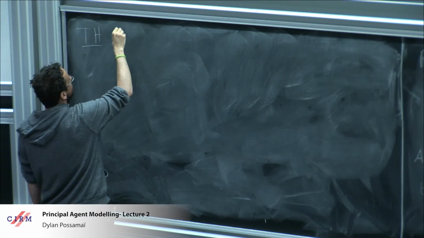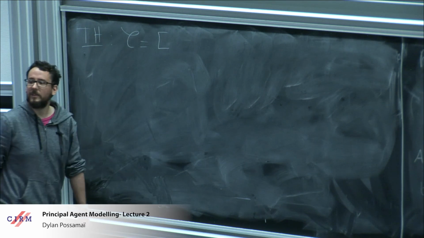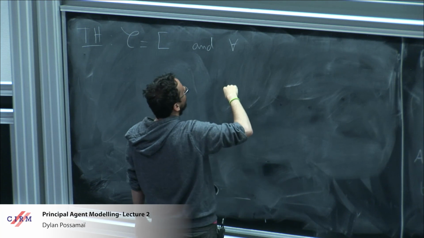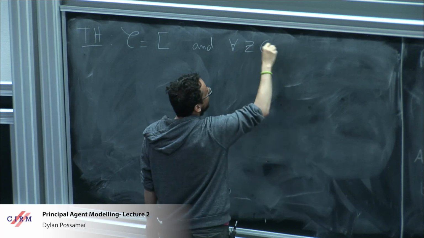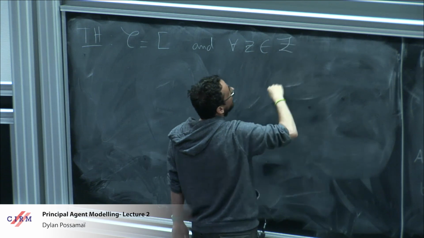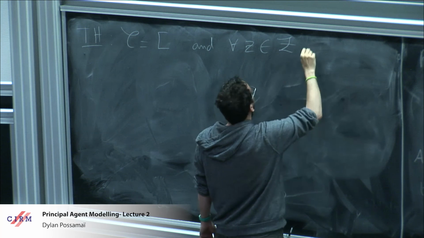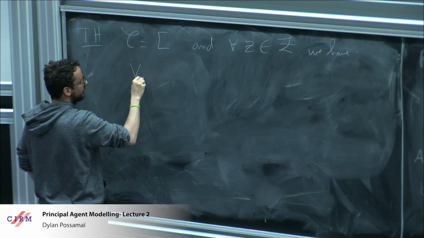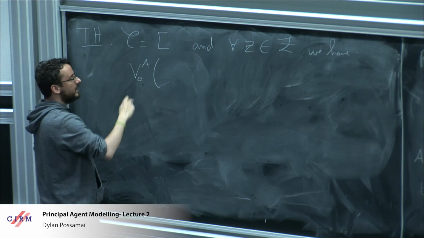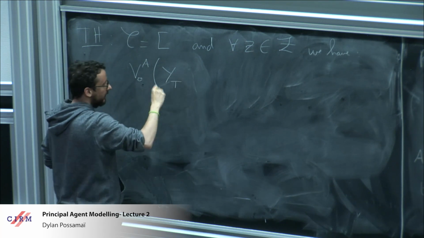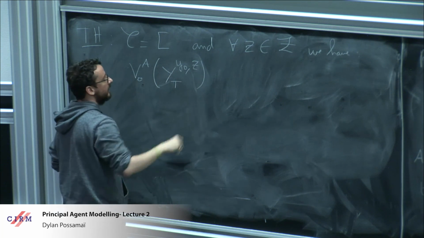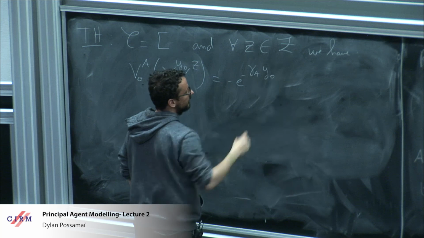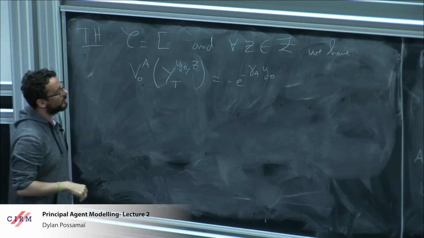So the theorem is that this is equal to this, and for any z here, the utility that the agent gets when we offer this contract is exactly equal to this, right?